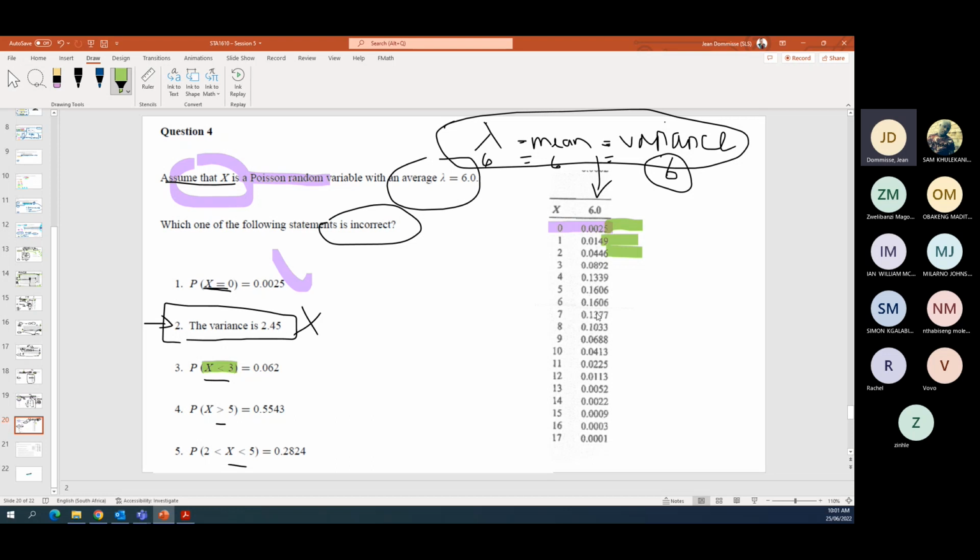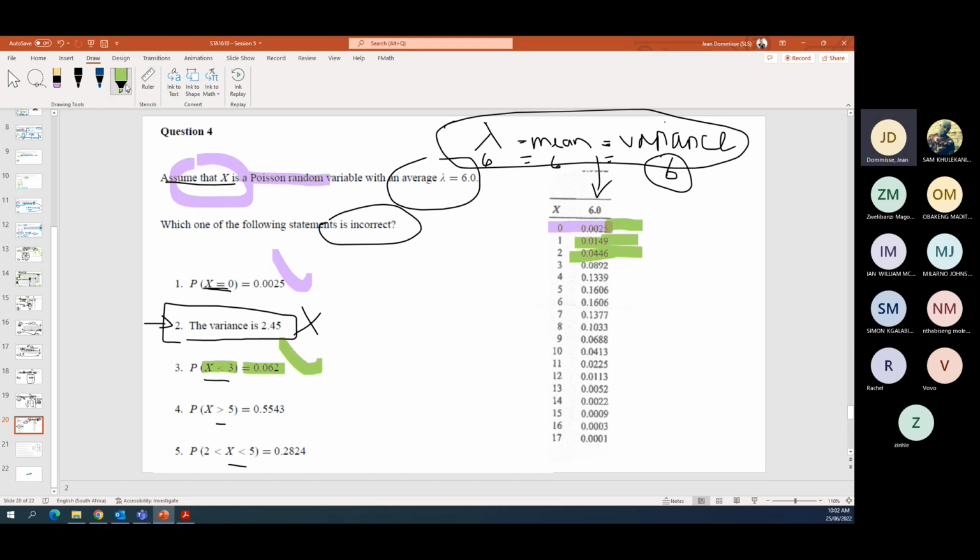That is 0.0025 plus 0.0149 plus 0.0446, and we get 0.062. So if we add those 3, we get that, so that is correct.